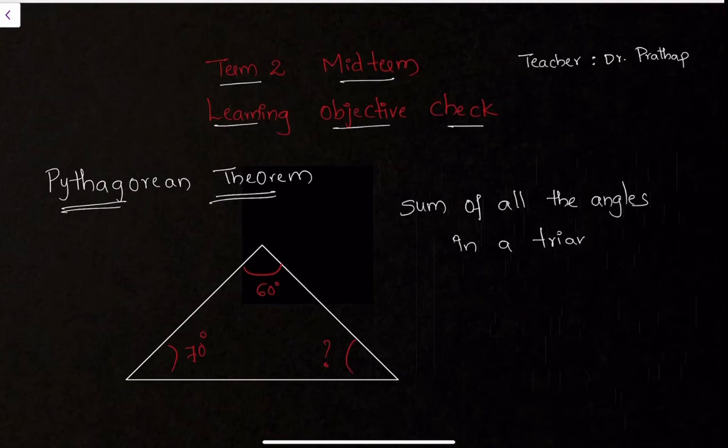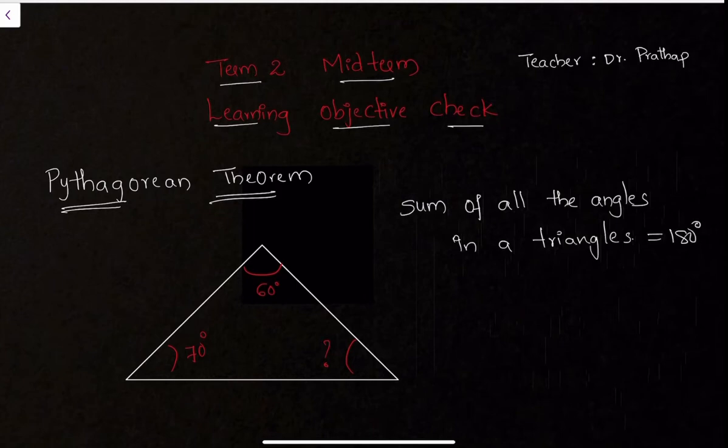This is such a basic question that it can be asked even in a friends and family party as well. So don't leave a chance that you don't know this. Sum of all the angles in a triangle is equal to 180.